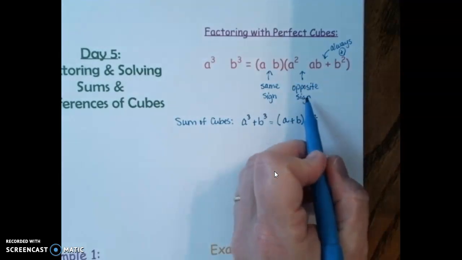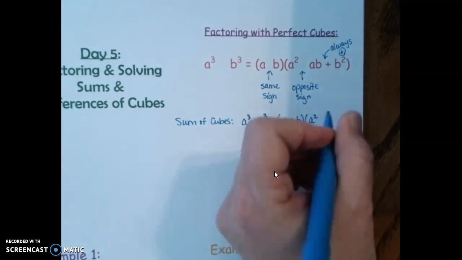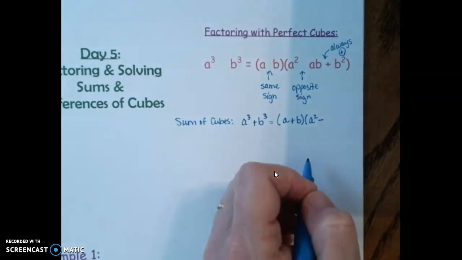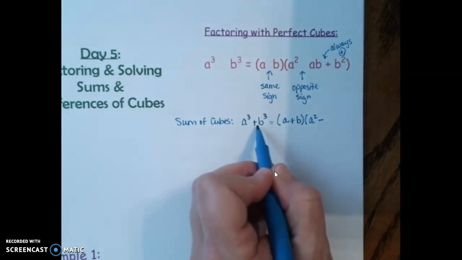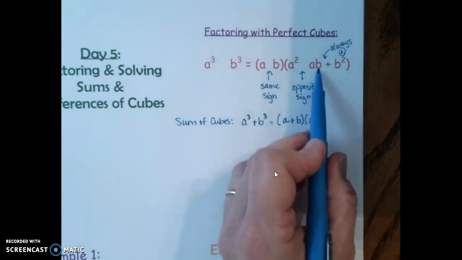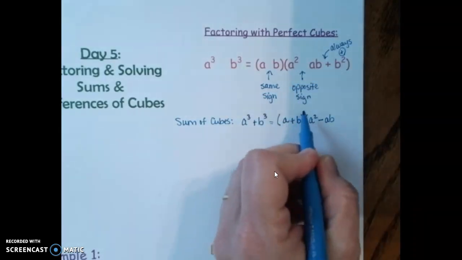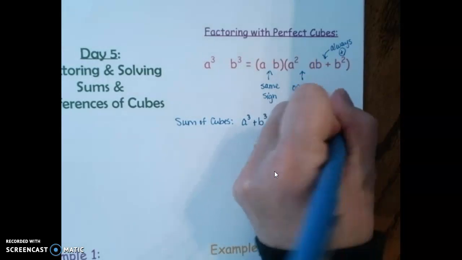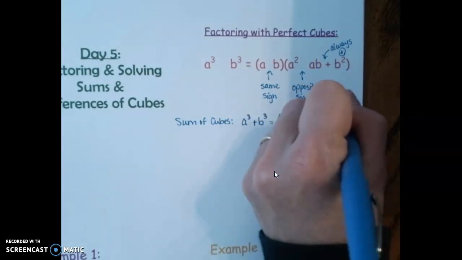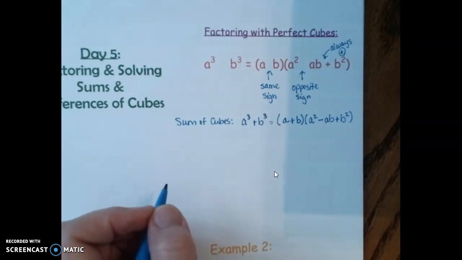This is where we want to take the opposite sign. So if we have plus here, we're going to have minus here, where it should always be opposite of your original. Then a times b, so we would multiply our two terms together, always a plus at the end, and then you want to square that last term to give you your b squared.